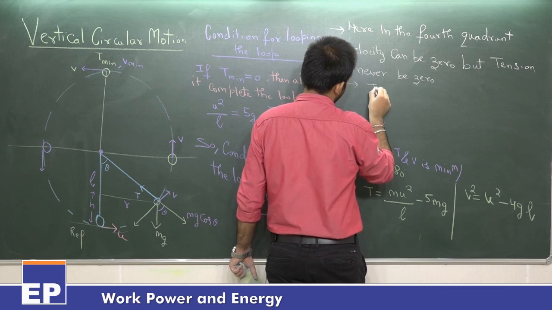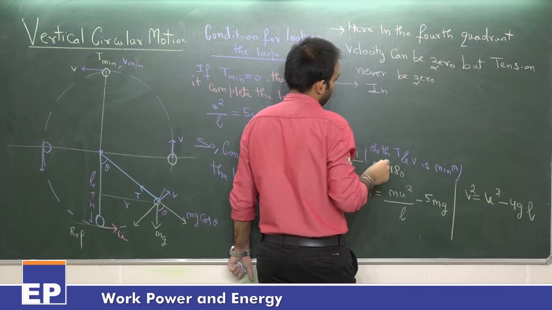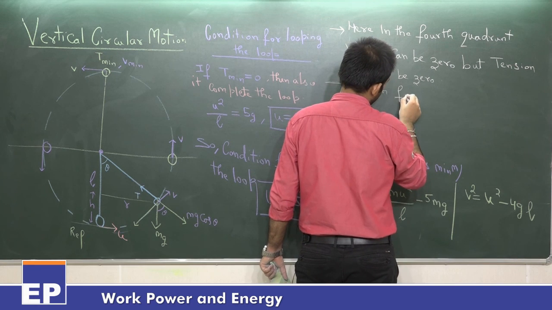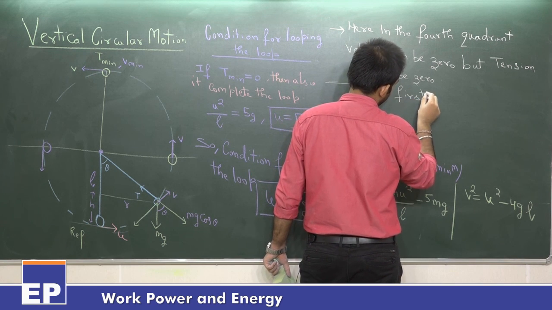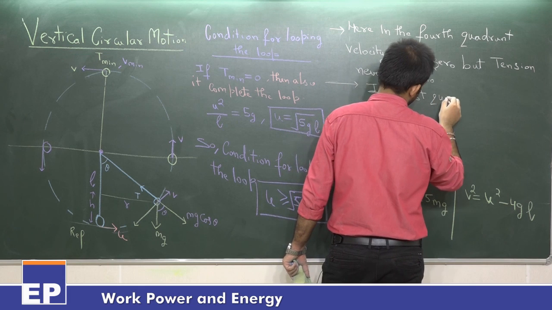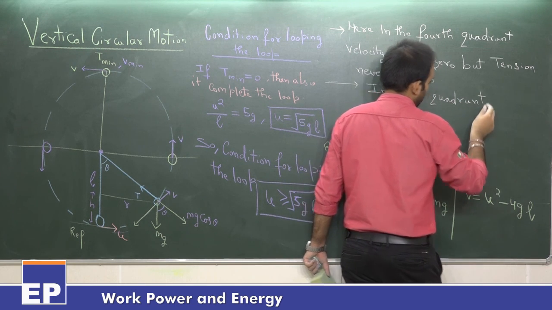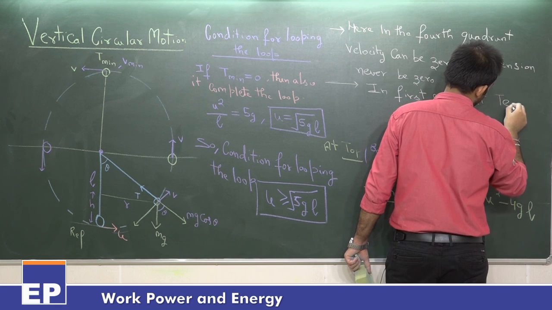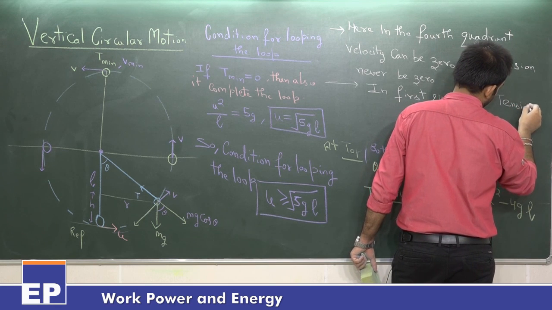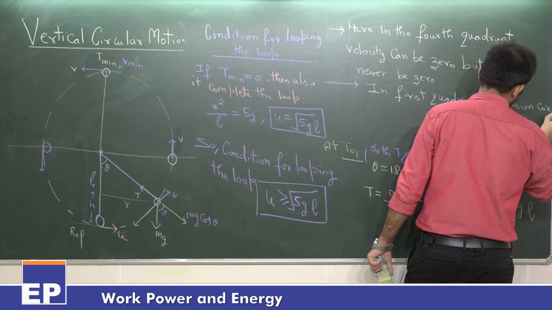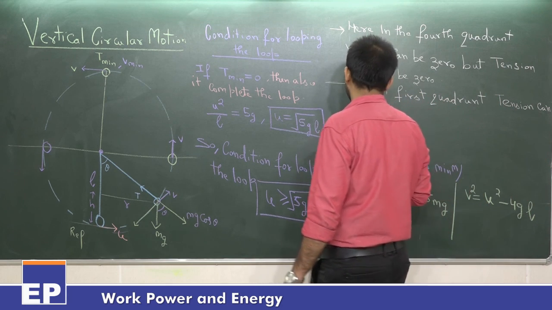In the first quadrant, tension can be 0.